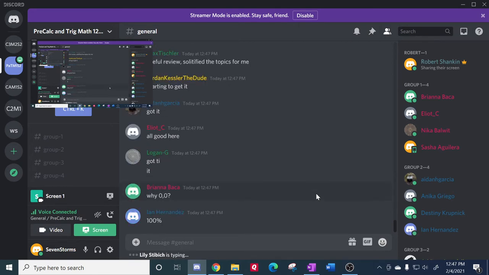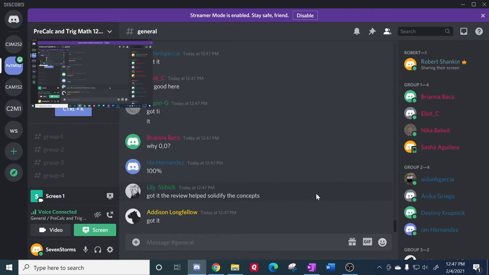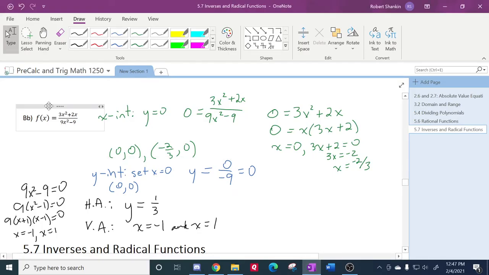Y 0, 0. When you substitute 0 for the x, the whole numerator zeroes out. So that makes the y 0.